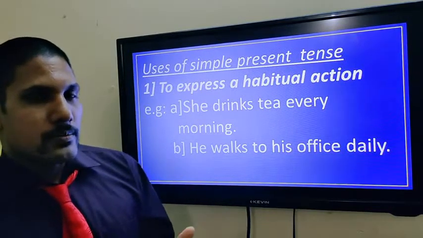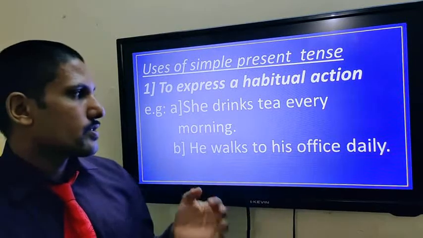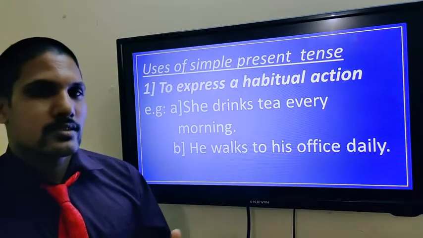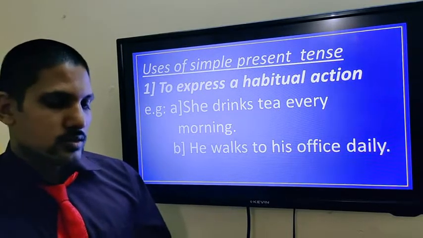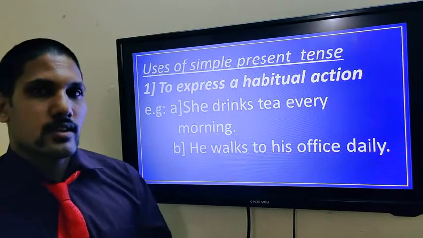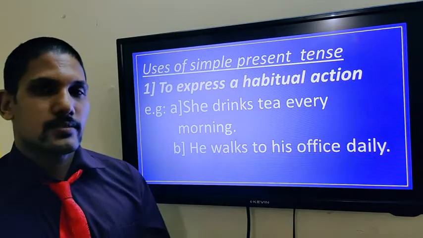Uses of simple present tense. First one, to express a habitual action. Habitual action means things that are happening in our day-to-day life, or things we are doing on a regular basis. You students go to school daily.